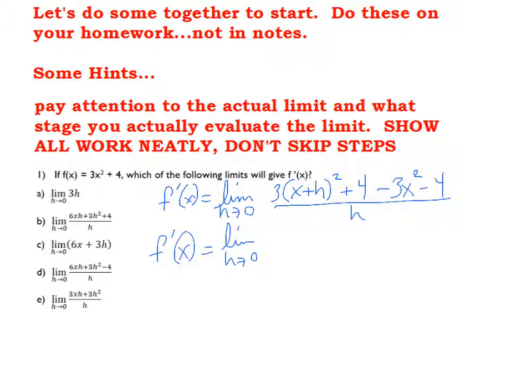Now, I said don't skip steps, but there are some algebra steps that I would expect you to maybe be able to do. Now, if you didn't do that, that's okay. I'd rather you err on the side of showing too much work. So it's going to be a 3x squared plus, it's normally 2xh, now it's going to be 6xh. And instead of plus h squared, it's plus 3h squared plus 4 minus 3x squared minus 4 all over h.